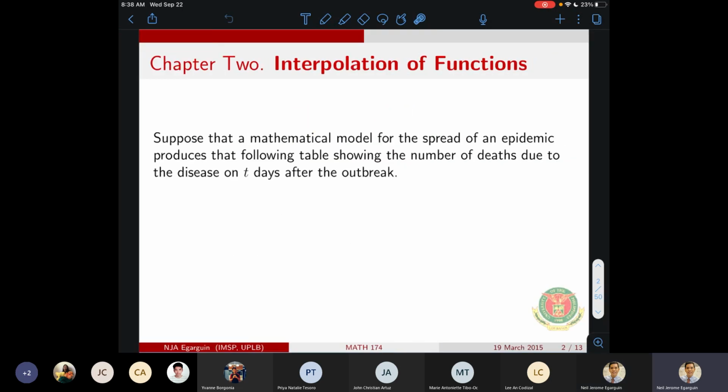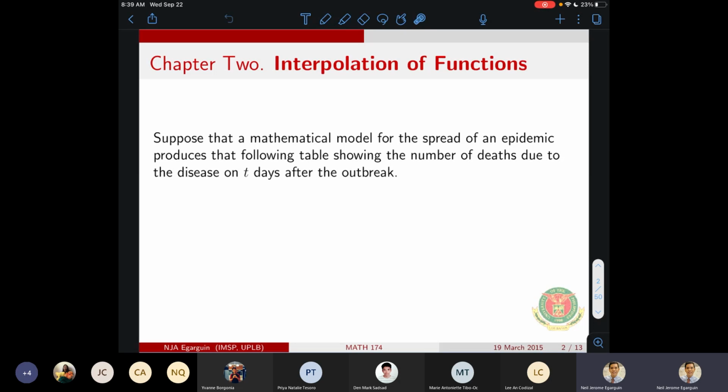Okay. Now, this chapter of Math 174 talks about approximation of functions, specifically using polynomials or polynomial-like functions. Kasi in the real world, yung mga data na makukuha natin is not in the form of functions which we learned how to manipulate in our basic calculus courses.